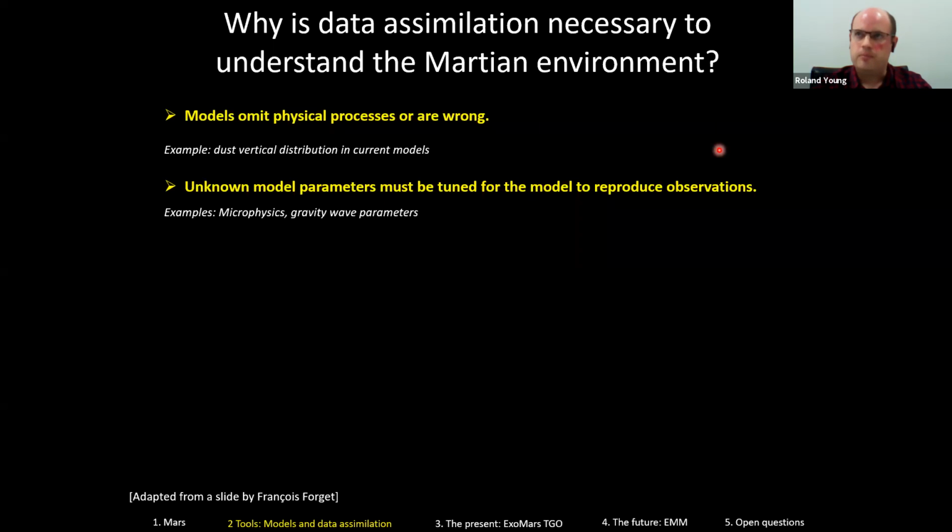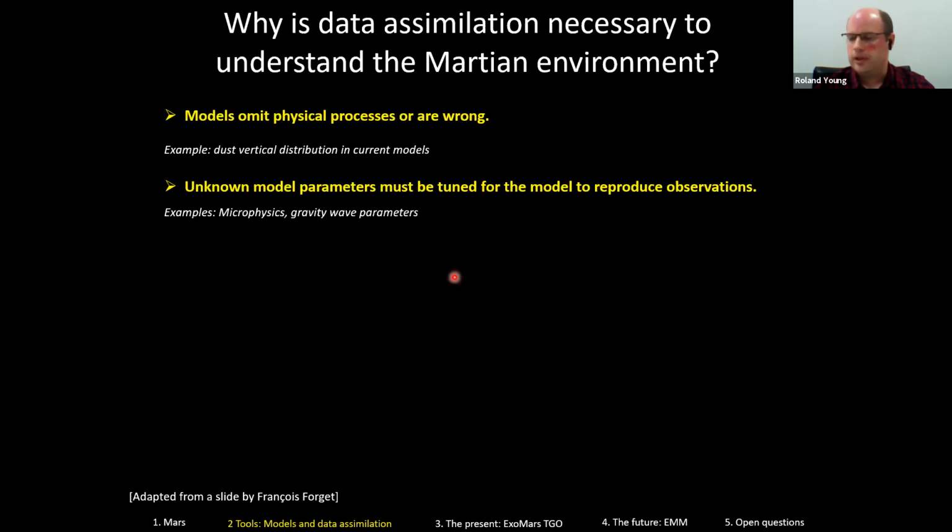So by using assimilation, you can think of assimilating a temperature column, and what the model should do is adjust the dust distribution so it becomes consistent with that temperature distribution. And so this allows us to adjust for cases where the model doesn't have the correct physical processes included in it, because we don't understand them well enough.